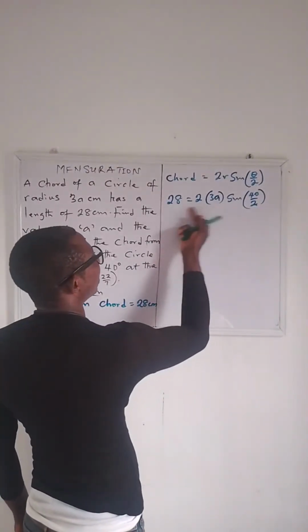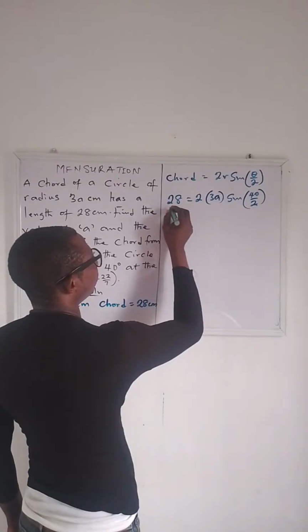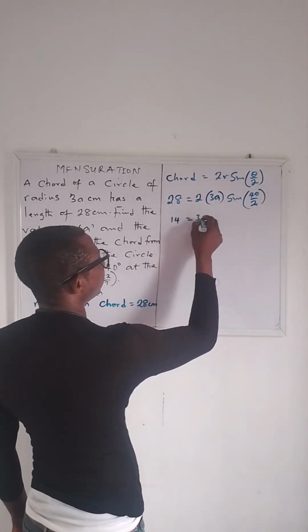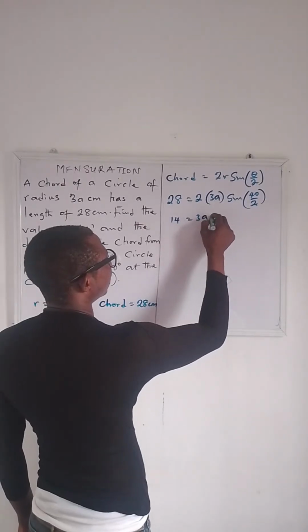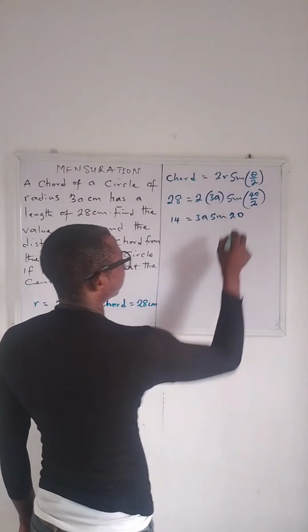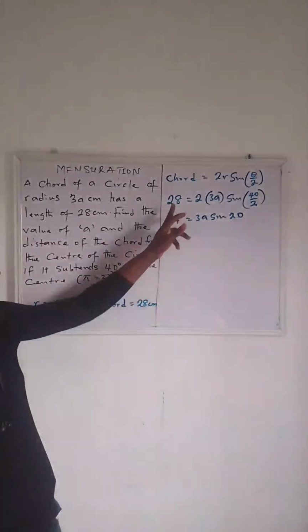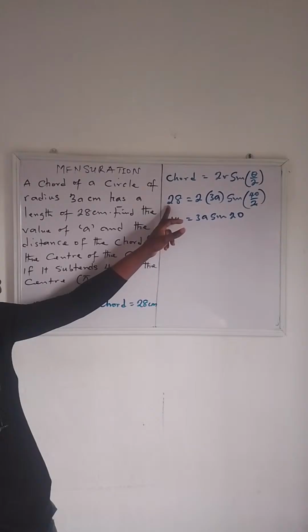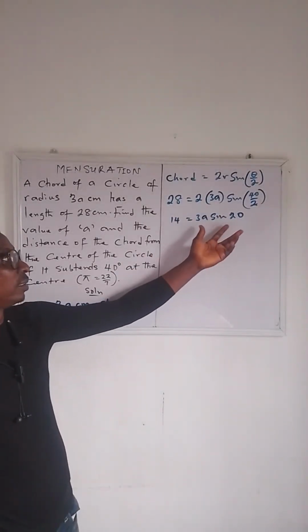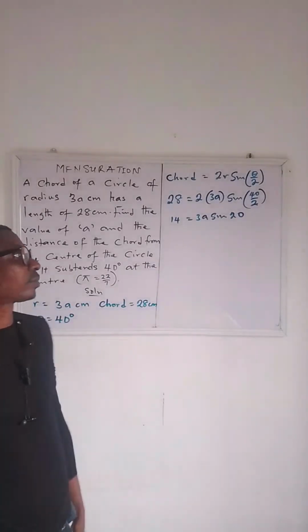I can divide both sides by 2. So I will have 14 equals 3a sine 20. Do you understand now? You divide this by 2, you have 14. You divide this by 2, you have 3a sine 20.